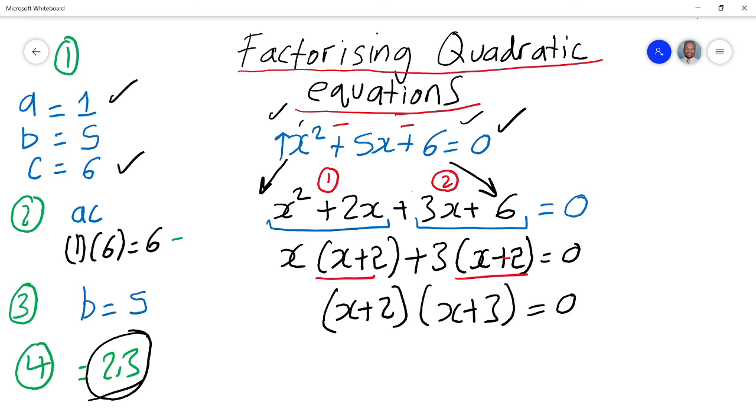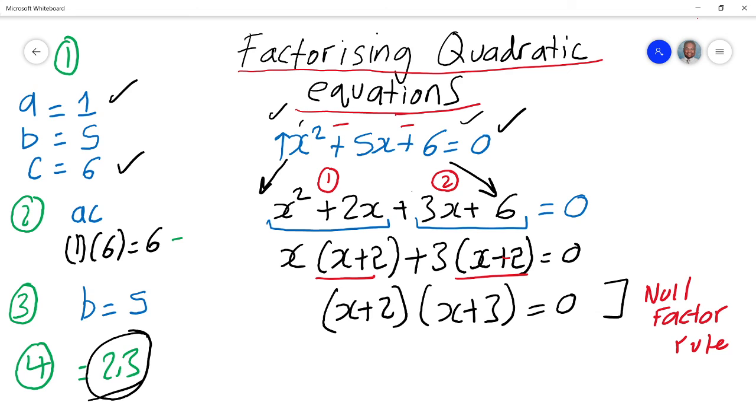All right, and the next thing is what we refer to as the null factor rule. The word null means 0, and then factor rule. So you've factorized and you now need to work out the value of x. What does the null factor rule state? Two things, because like I said before, you've got two values of x.